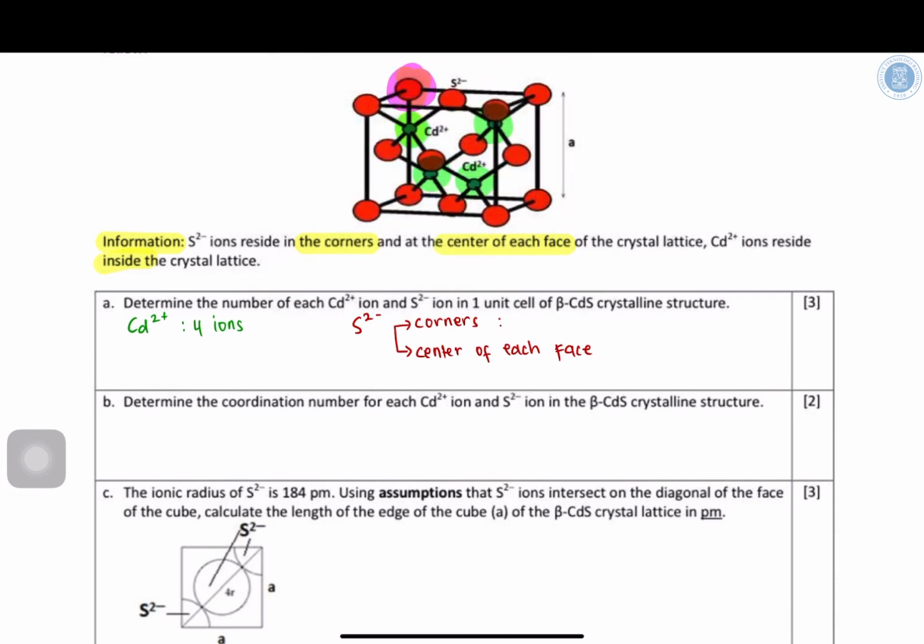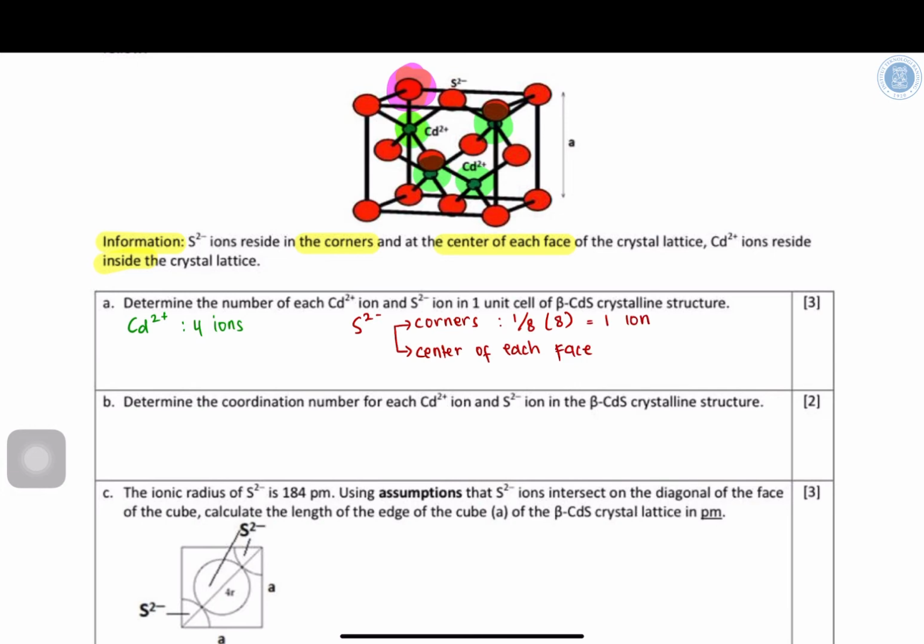An atom or ion which resides in the corner of a cube is shared between 8 cubes. So for one unit cell, the portion is only 1/8, but we have 8 corners, so multiplying by 8, we have in total 1 ion.